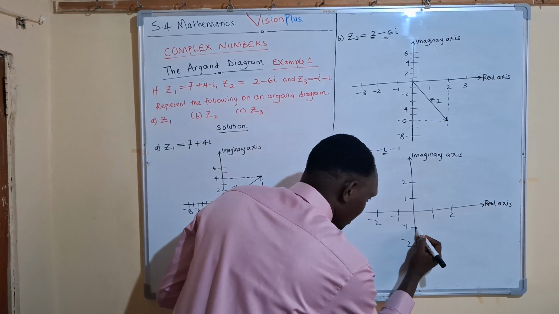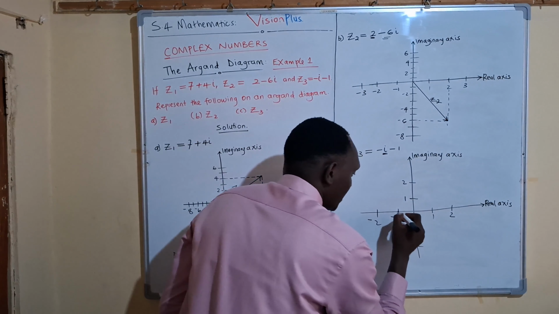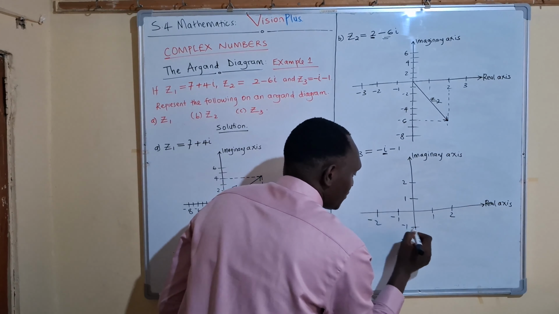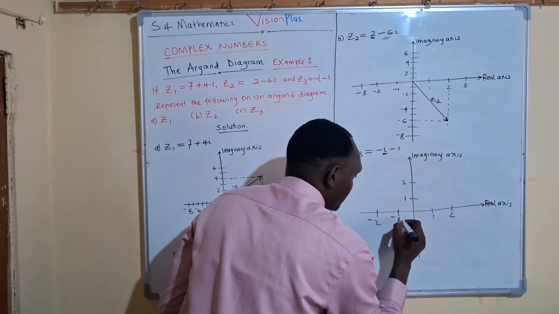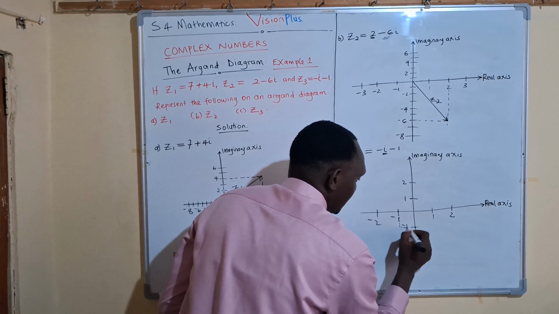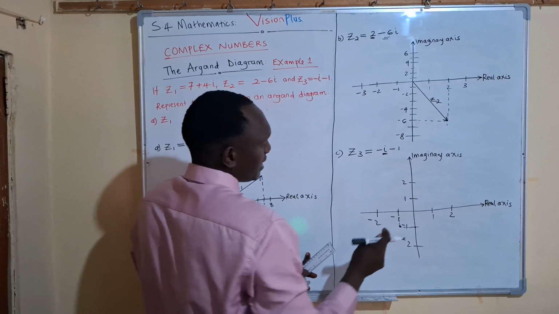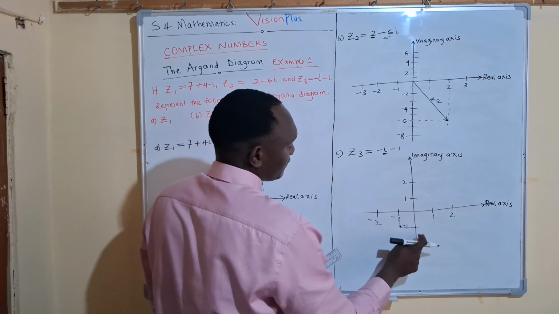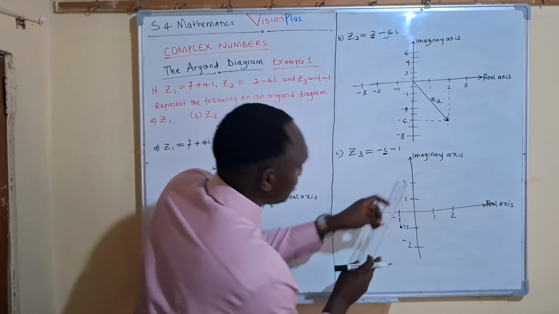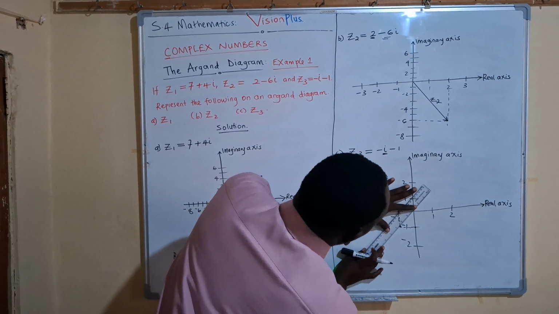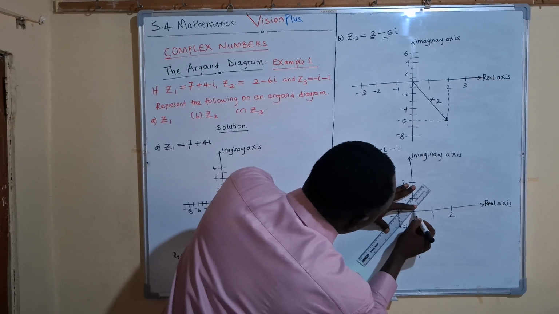And that negative 1 is here. Then we look for where the negative 1 on the real axis will meet the negative 1 on the imaginary axis. So we draw a perpendicular dotted line. This is the point of intersection. So you draw the straight line from the origin to that point of intersection.